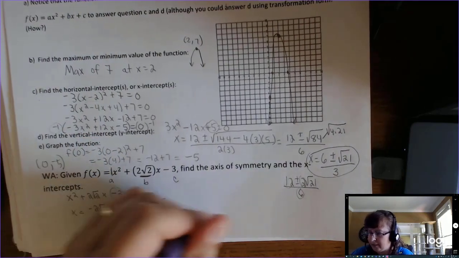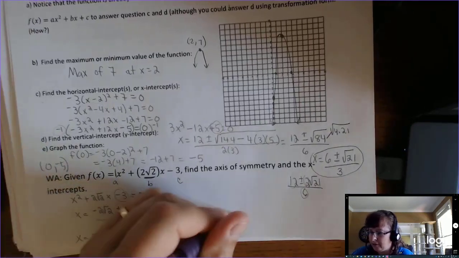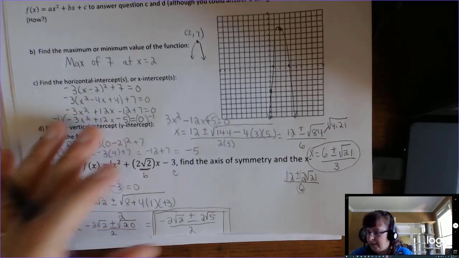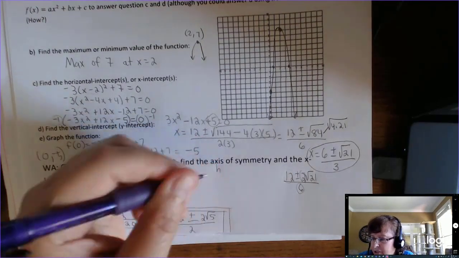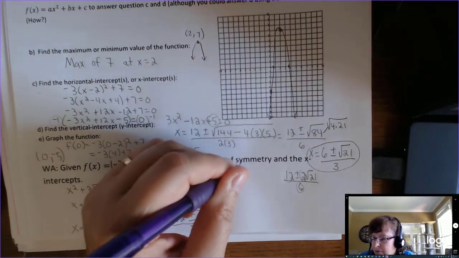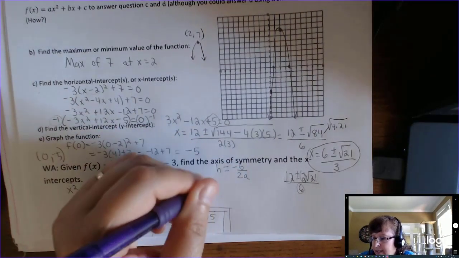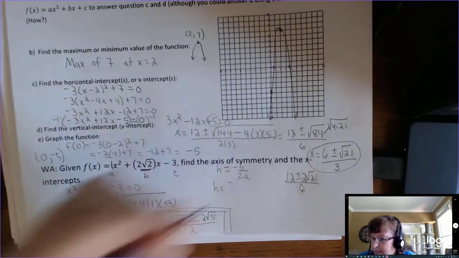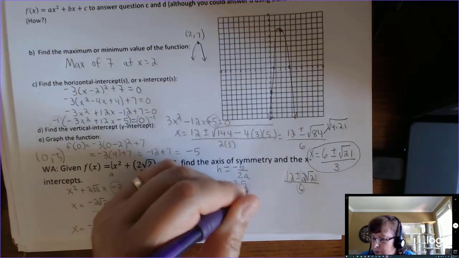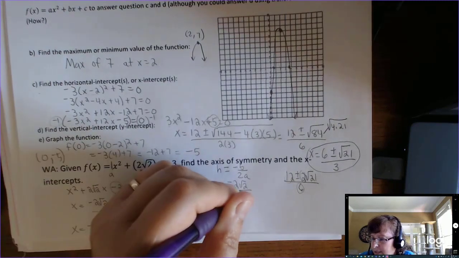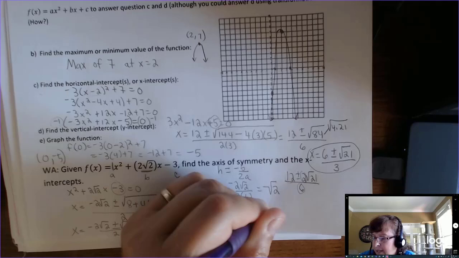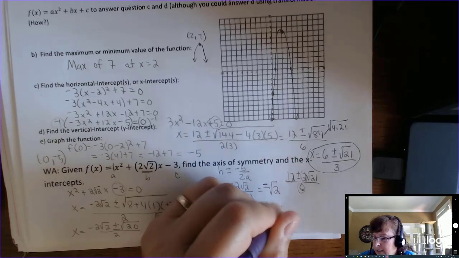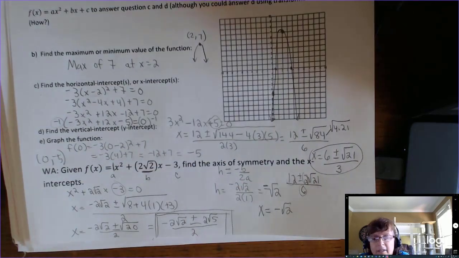Not the prettiest x-intercepts, but that's it. The axis of symmetry, remember, comes from the h, and the h comes from negative b over 2a. So negative b would be negative 2 root 2 over 2 times 1, which is negative root 2. So the axis of symmetry is x equals negative square root of 2.